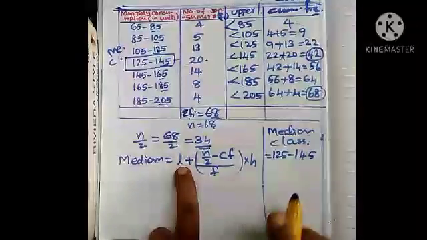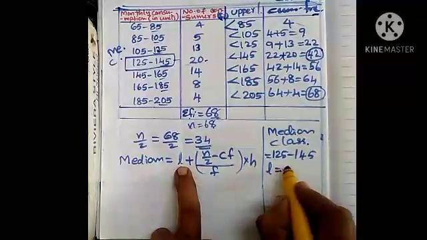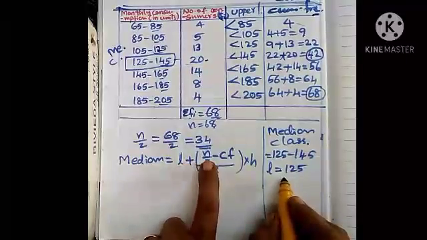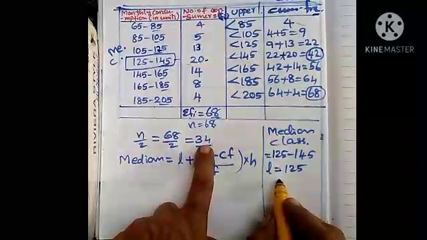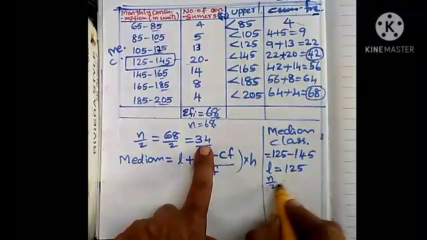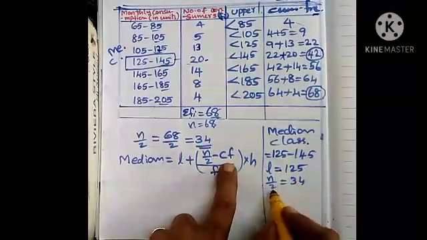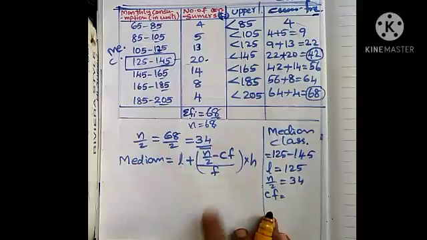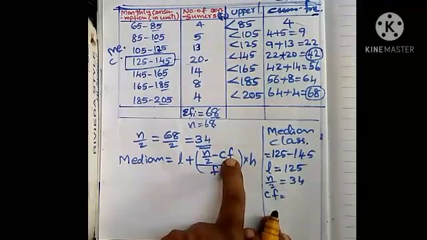Then next, L. What is L equal to? 125. Then what is n by 2? You already got it here, it is 34. Then what is CF? That is the cumulative frequency of the class just preceding the median class.